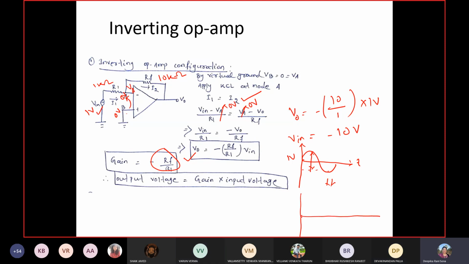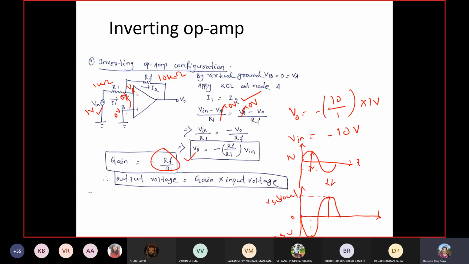Minus 10 volt means minus represents the 180-degree phase shift. This is the Vout. Plus 5 volt to minus 5 volt.